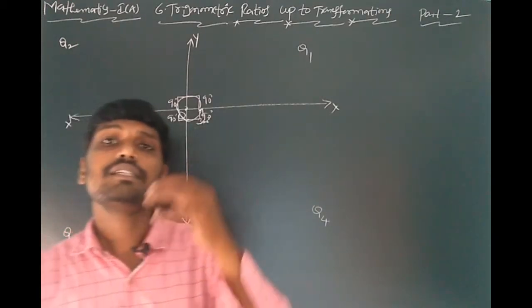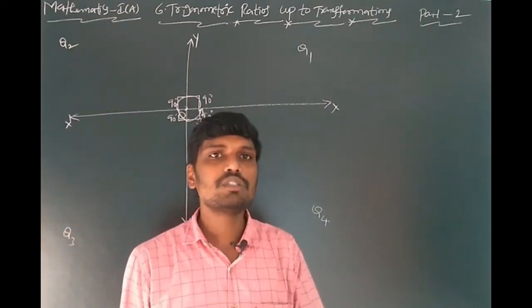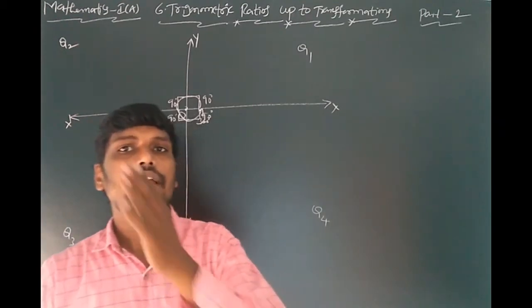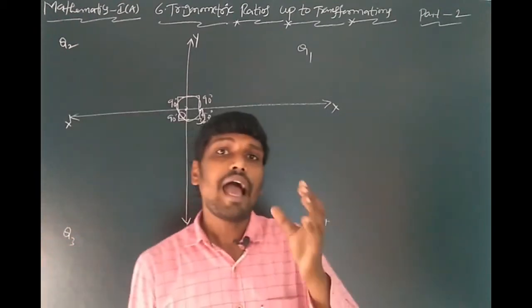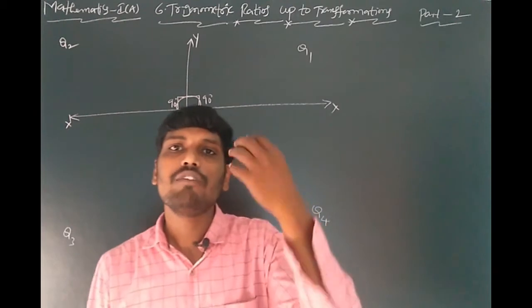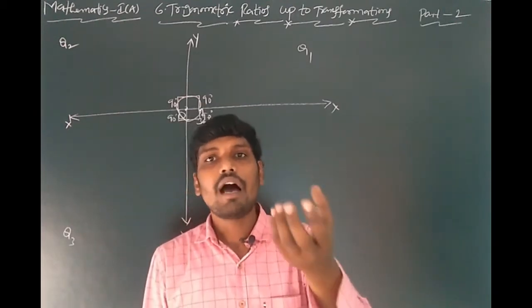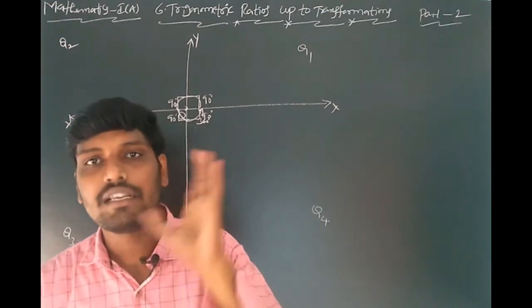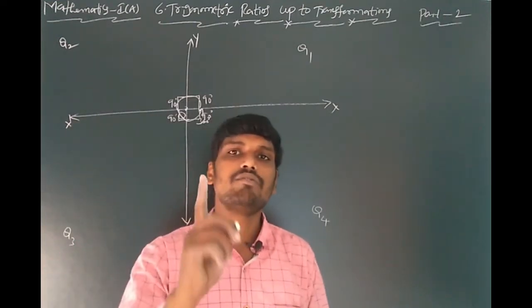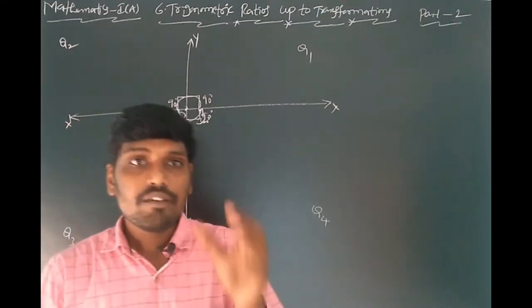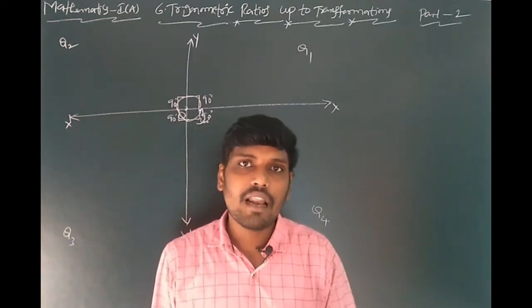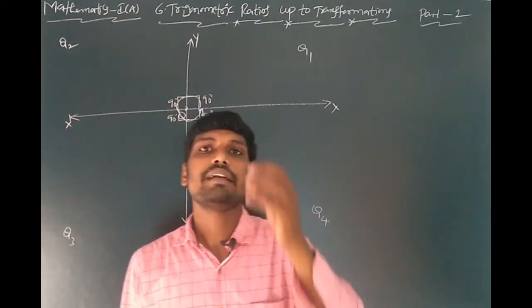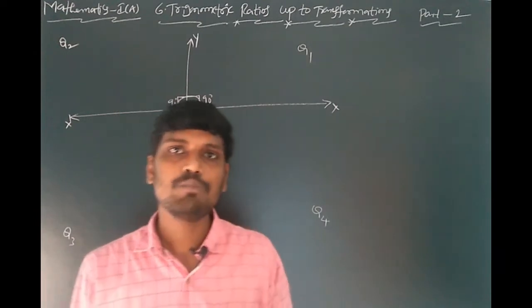In trigonometric ratios, the angle measure is always taken as positive, and its direction is anti-clockwise. This is a very important point. If the direction is anti-clockwise, the trigonometric angle is positive.